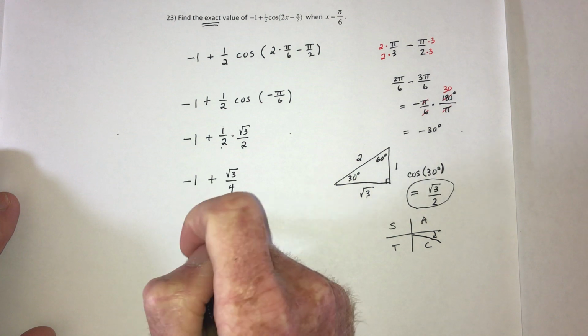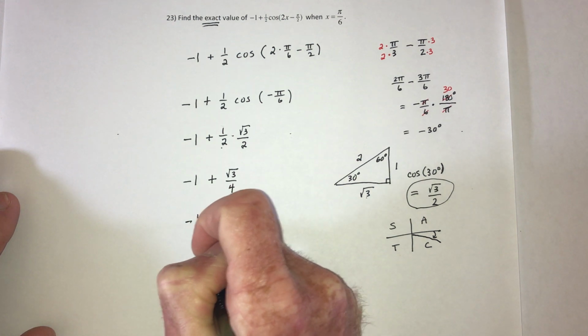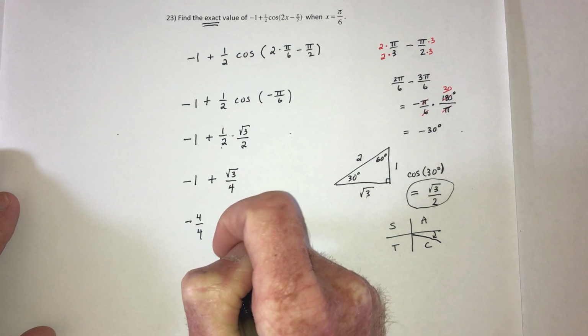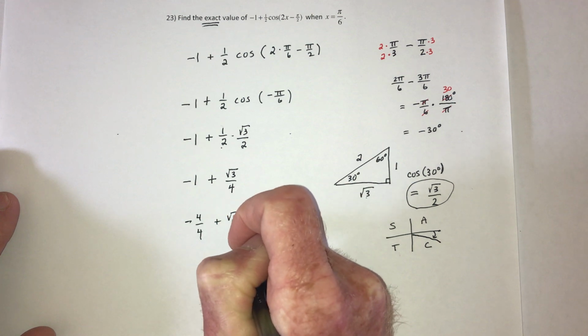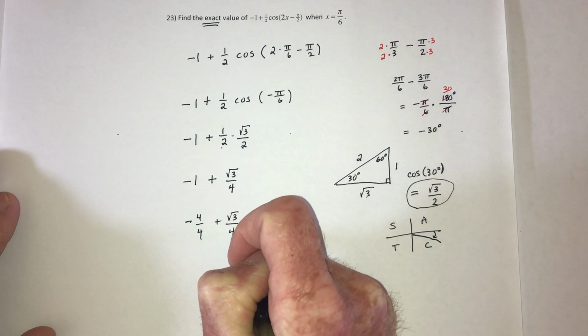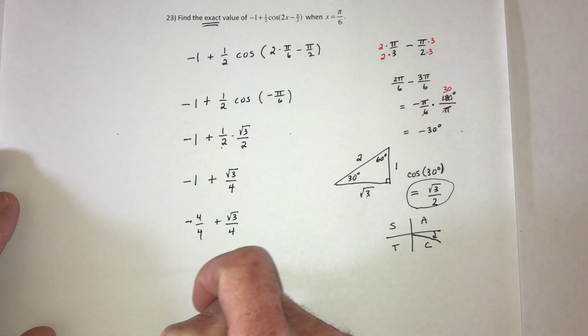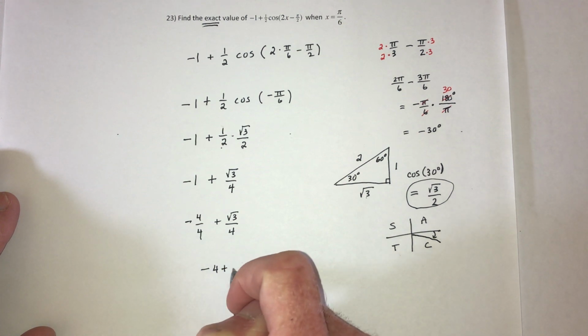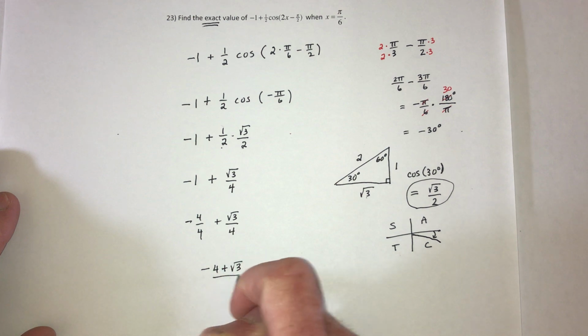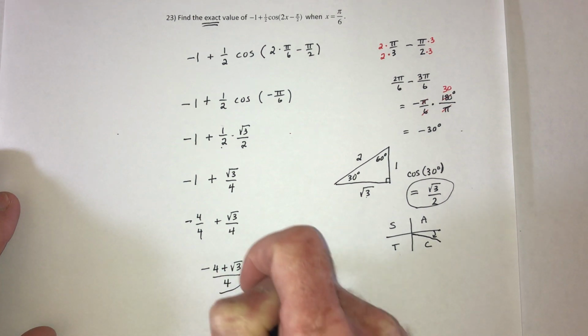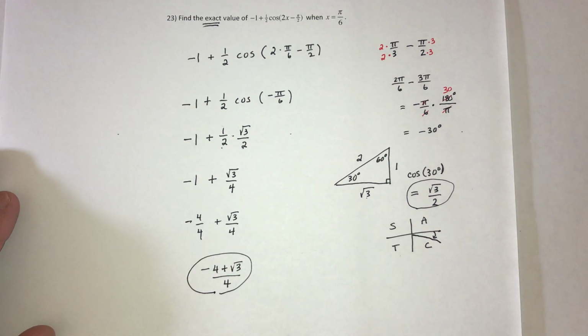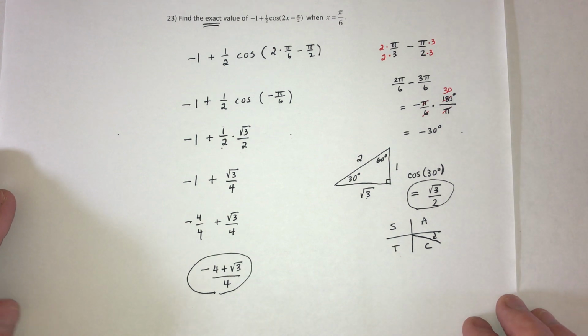So this fraction is -4 over 4 in place of -1. And now that they have a common denominator, I could combine them. So it would be -4 plus the square root of 3 over 4. All right, that's the exact answer.